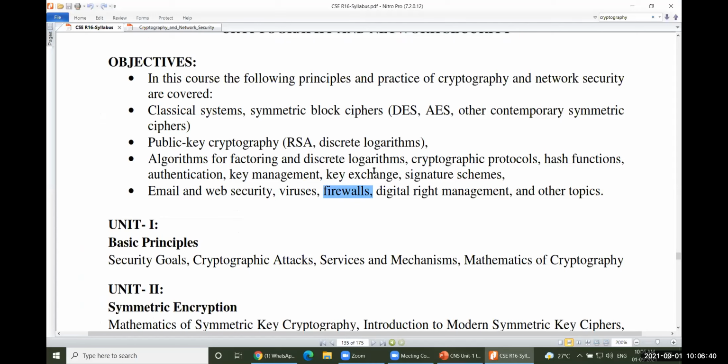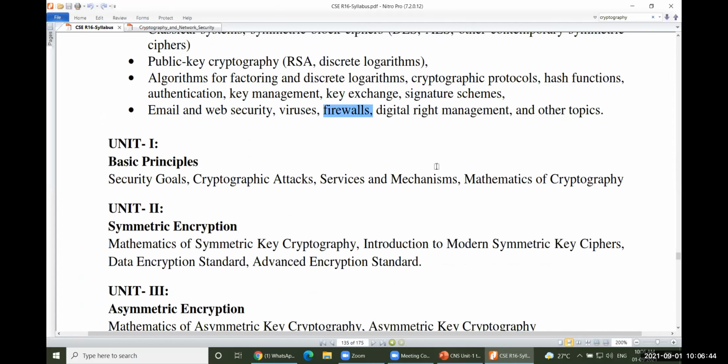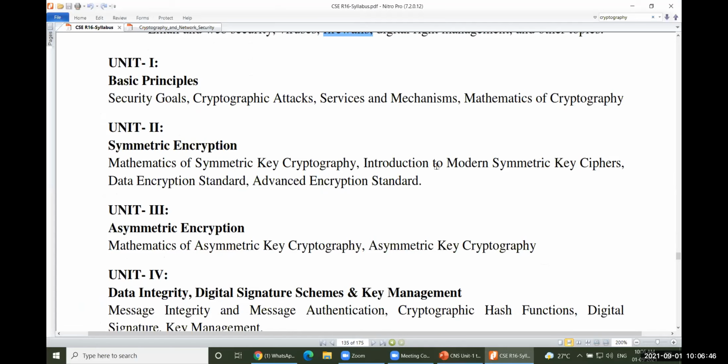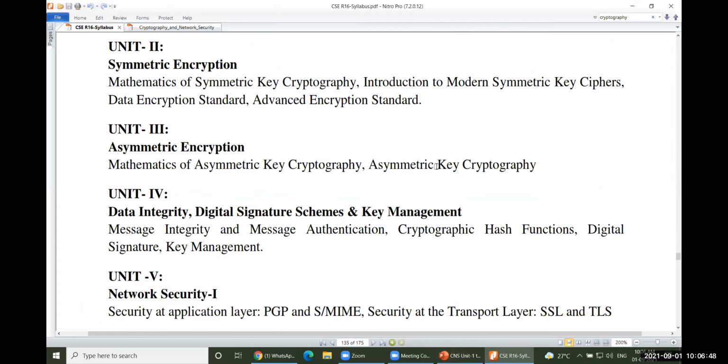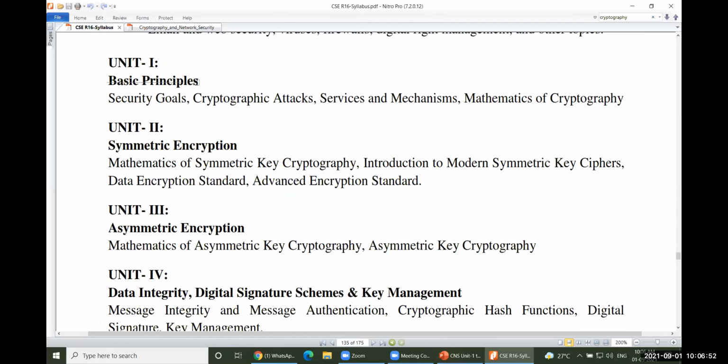These are the objectives actually. And as usual, your course has been divided into six units. First unit is basic principles, which is very simple. Here, security goals and cryptography attacks, and of course many other topics are there. This could be completed within 5 academic hours.